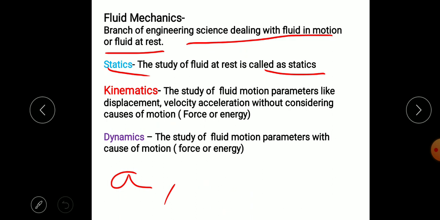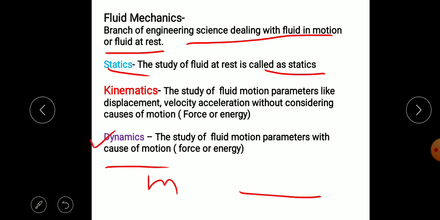Next is the third branch of fluid mechanics, which is dynamics, fluid dynamics. It is the study of fluid motion parameters along with the cause of motion. So in dynamics, we are considering the motion of the fluid as well as the force causing the motion. For example, we use a pump. Pumps are used to transfer the fluid from a low level to a high level, or pumps are used to increase the pressure of the fluids.